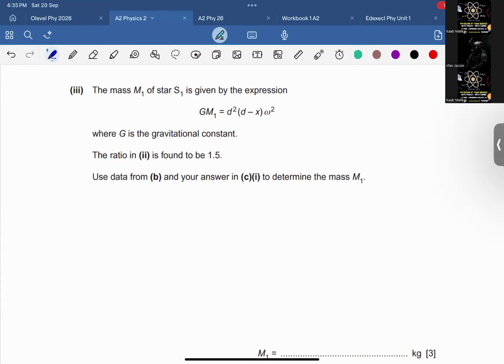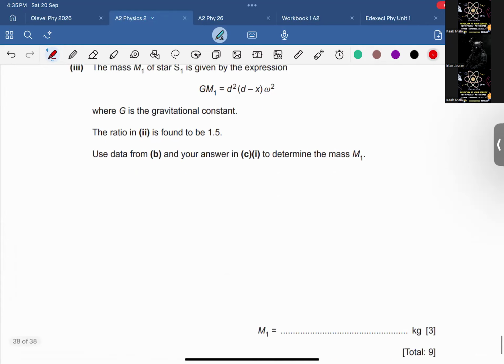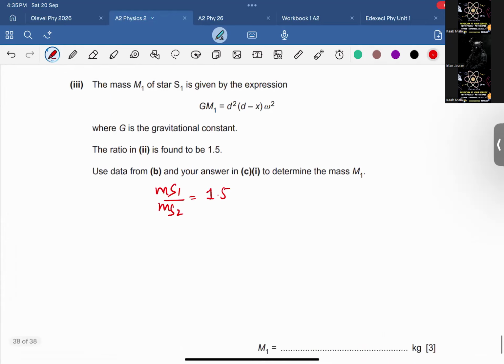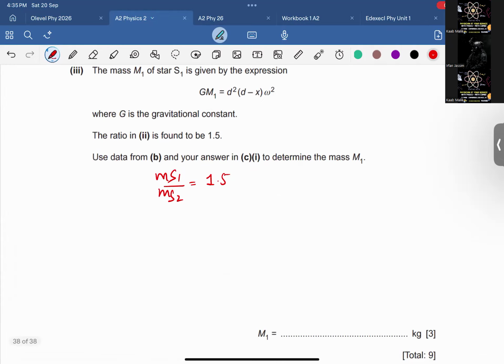Then use data from (b) and your answer in (c)(i) to determine mass M1. So we know that the ratio of the masses S1 over S2 is 1.5, and we can use this equation to find M1.